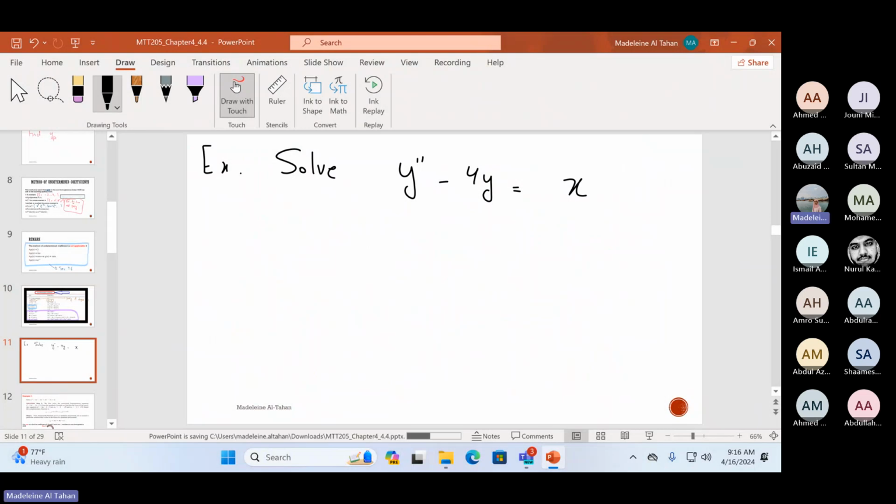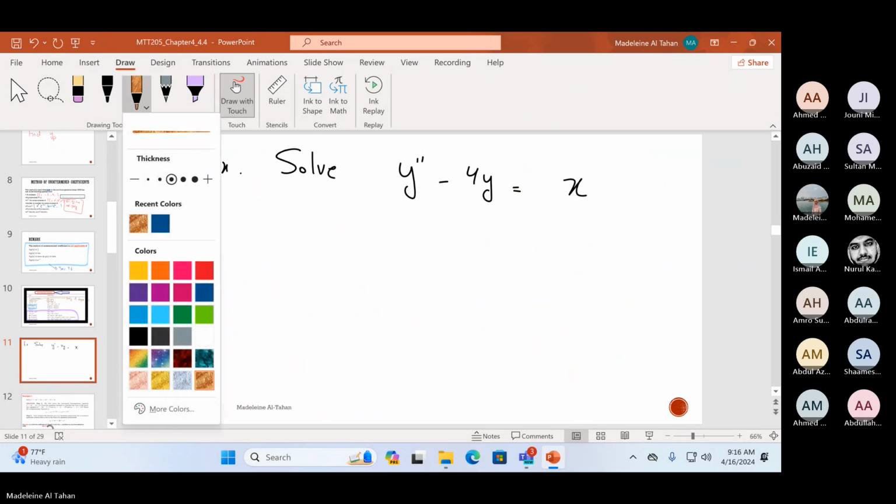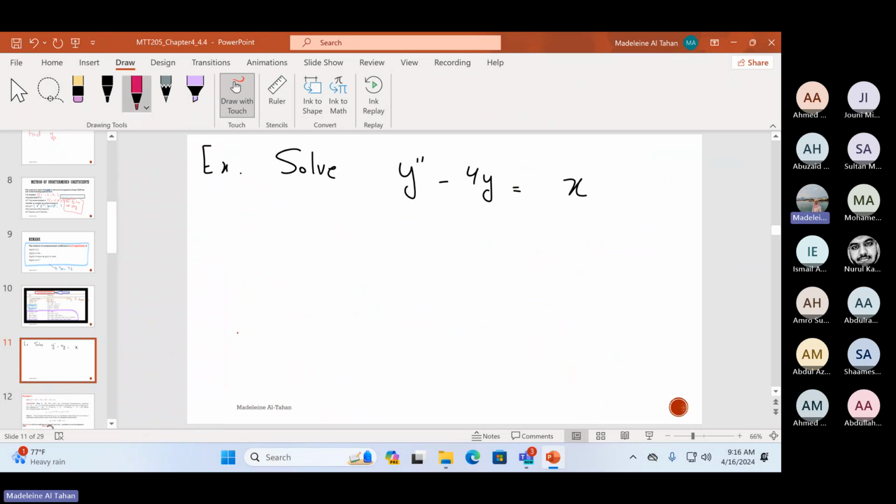First of all, is this one homogeneous? No. Okay, so what's g of x? Equal to x. And what's the homogeneous equation? y double prime minus 4y.